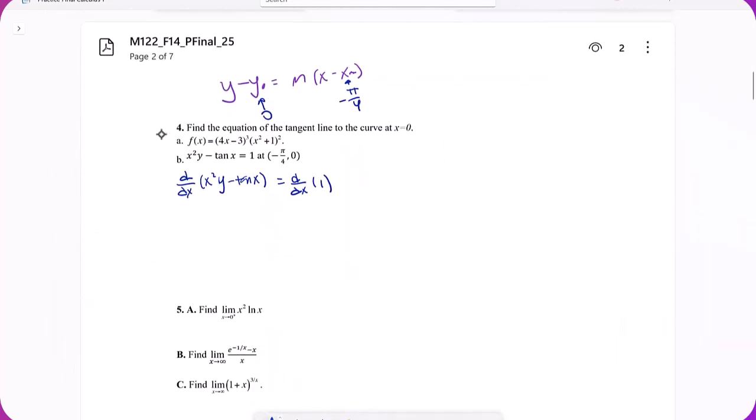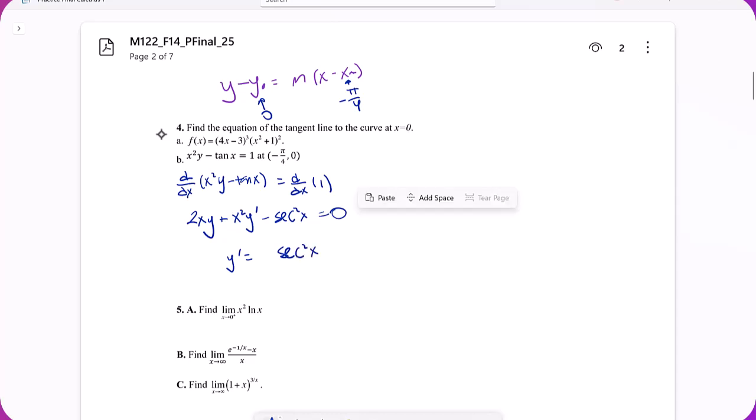So f prime g is going to be 2x times y, plus g prime f, which is x squared y prime. The derivative of tangent is secant squared, and then that's going to be 0. So we get y prime is equal to secant squared x minus 2xy, divided by x squared.